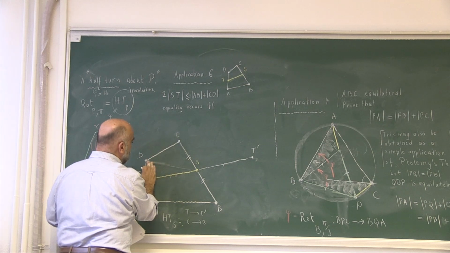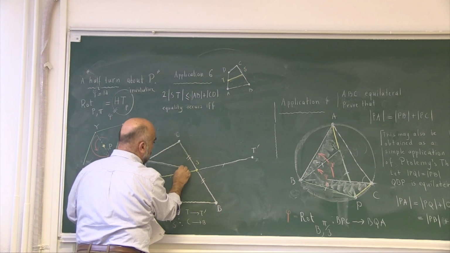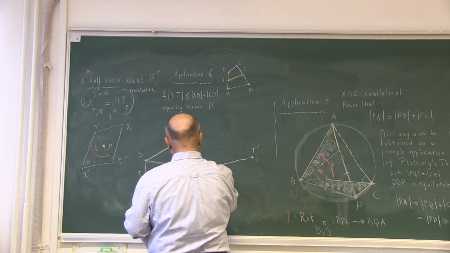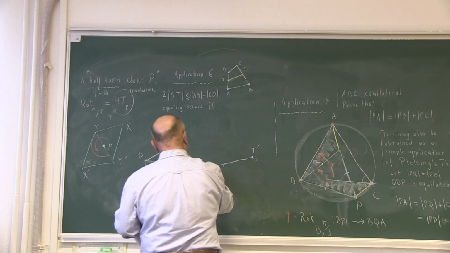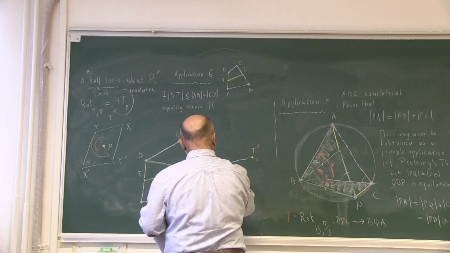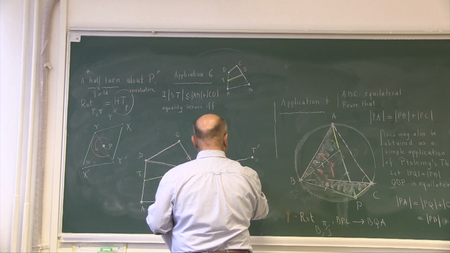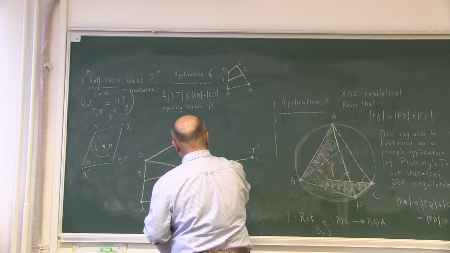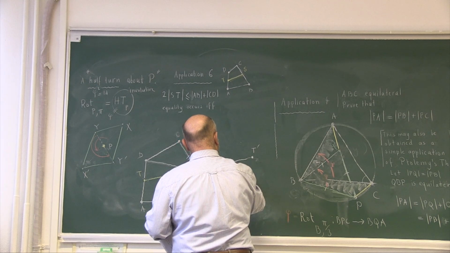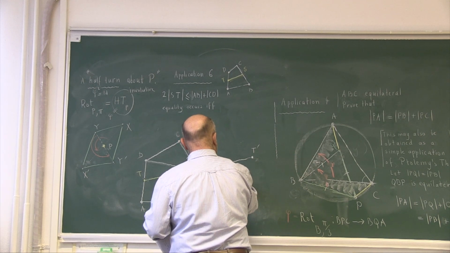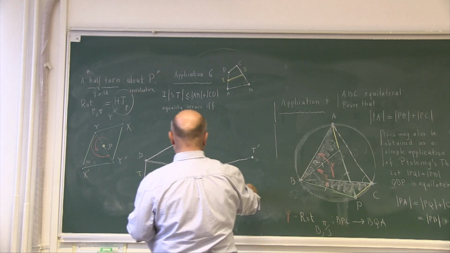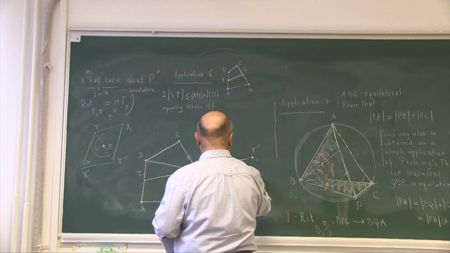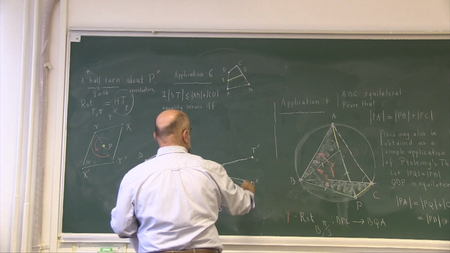Now, observe the way, thinking in terms of Euclidean transformations, rotations or translations or half turns, as in this case, how thinking that way introduces new points into your configuration, which, although they are new, and although they seem to be coming out of your sleeve, have really a lot of bearing on the problem you are solving. So that's D prime, something like this. Right, so D prime T.